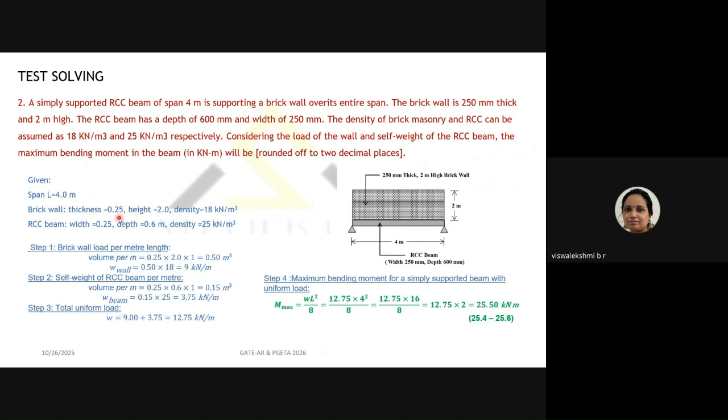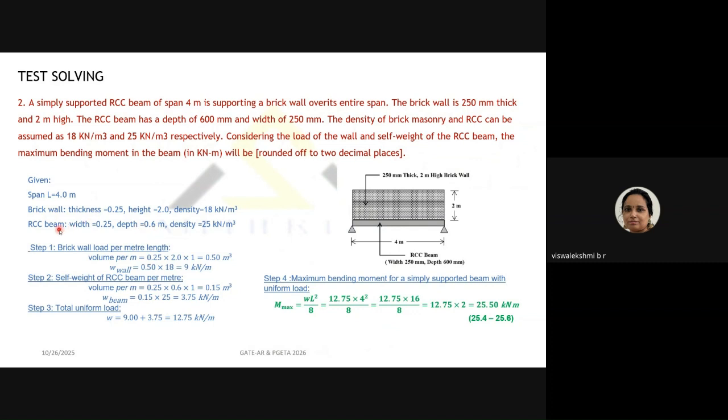Always remember, always use a single unit. If it is mm, keep it as mm for all the different parameters. Otherwise, convert. It's always better to convert all the parameters into a single unit at the initial stage itself. So thickness is 0.25 meter, height is 2 meter, and density of the brick wall is 18 kilonewton per meter cube.